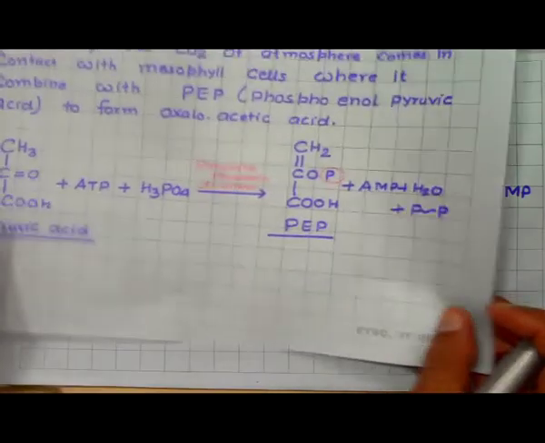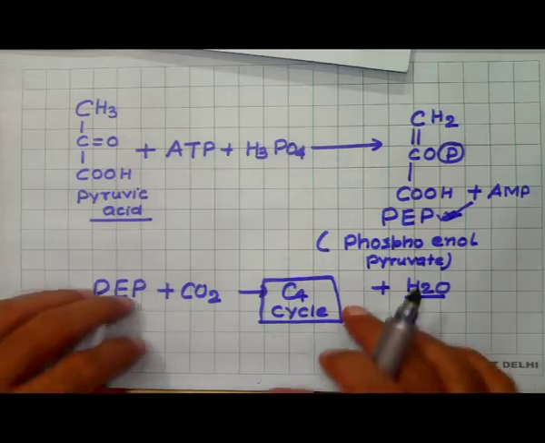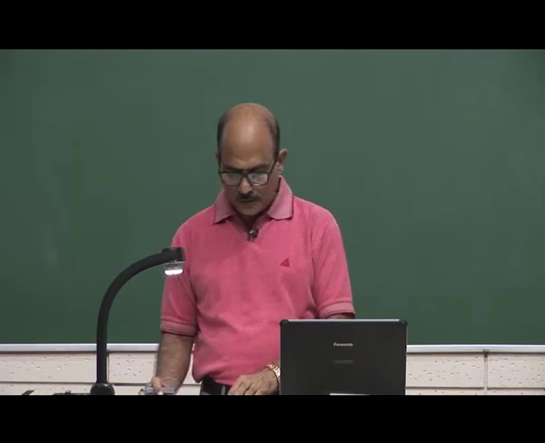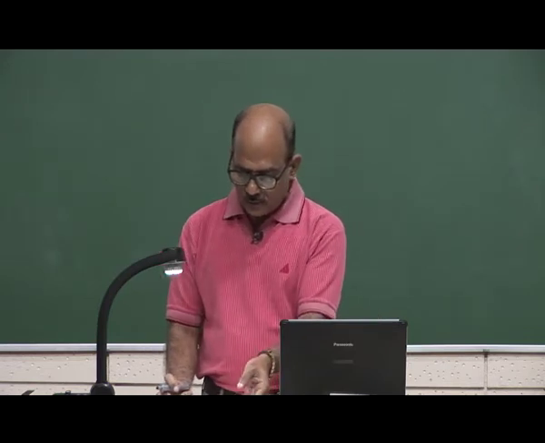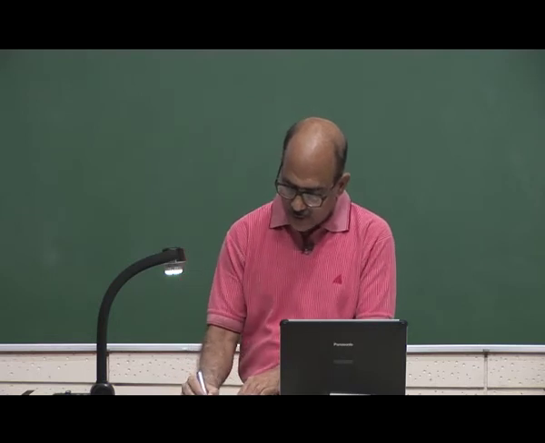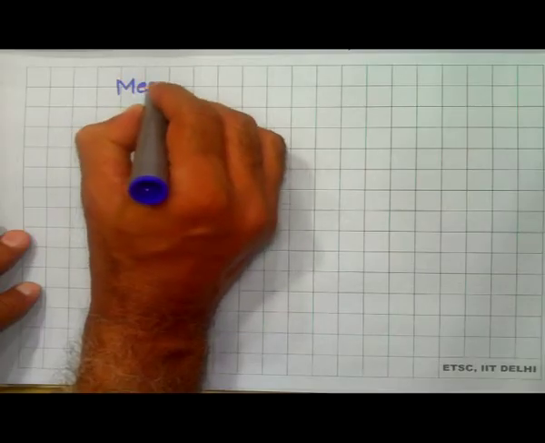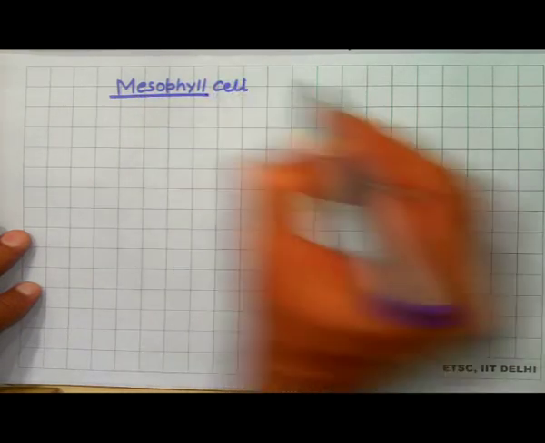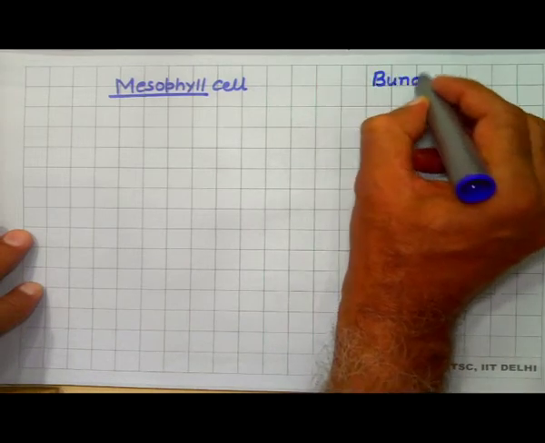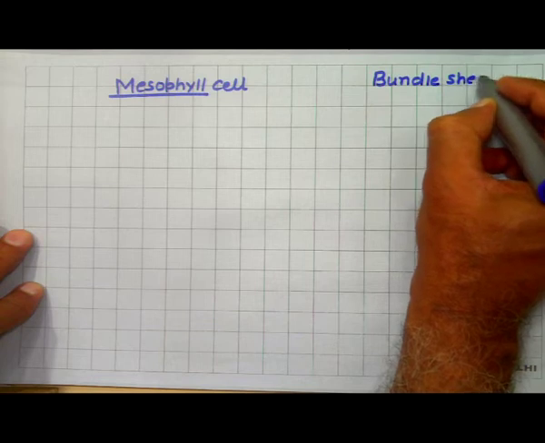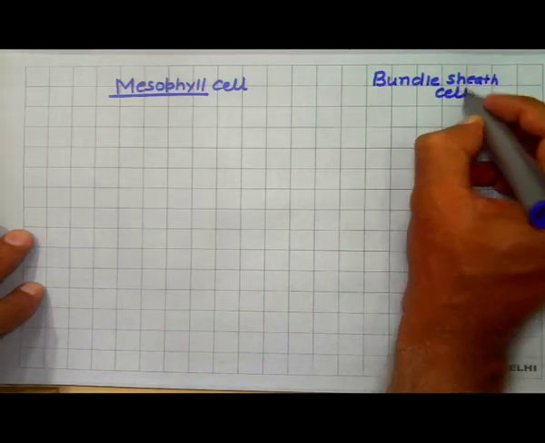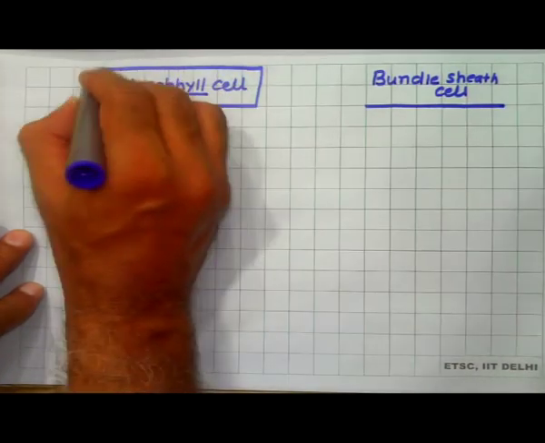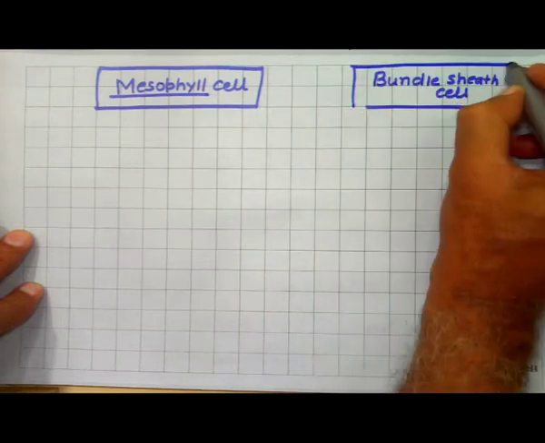Now, what happens in C4 cycle? PEP is formed from the pyruvic acid. Now, two tissues are involved, we have already seen in anatomy. Here is the mesophyll cell, here is the bundle sheath cell. Now, in C4 cycle what happens in mesophyll cell and bundle sheath cell.